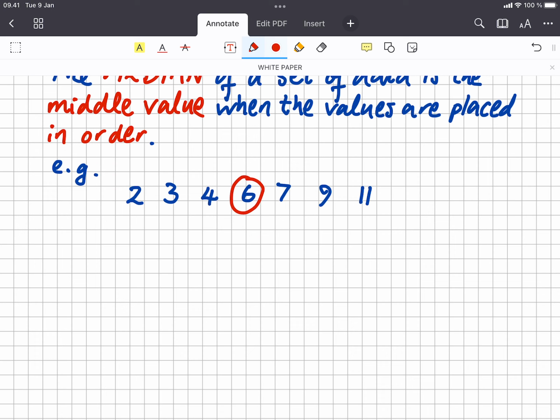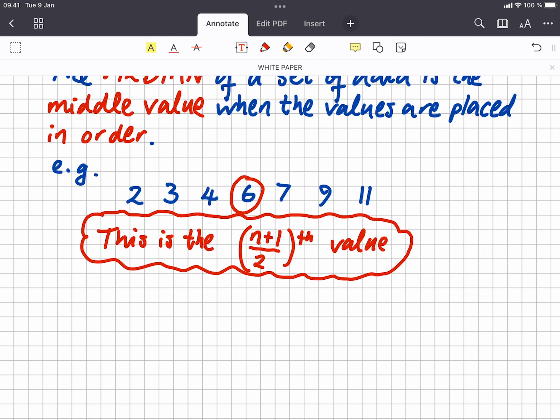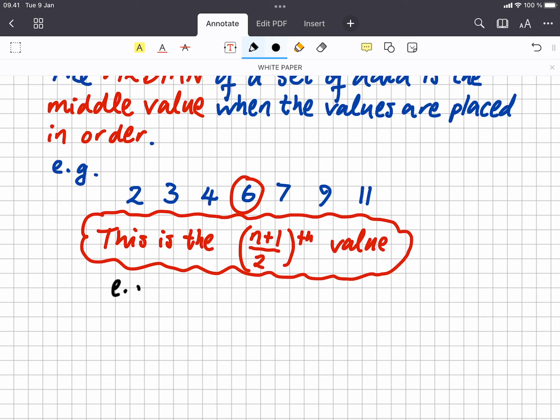But there is a formula for this. So this is the (n plus 1) over 2 value. So let's just highlight that. So for example, in this case, we've got 7 values.